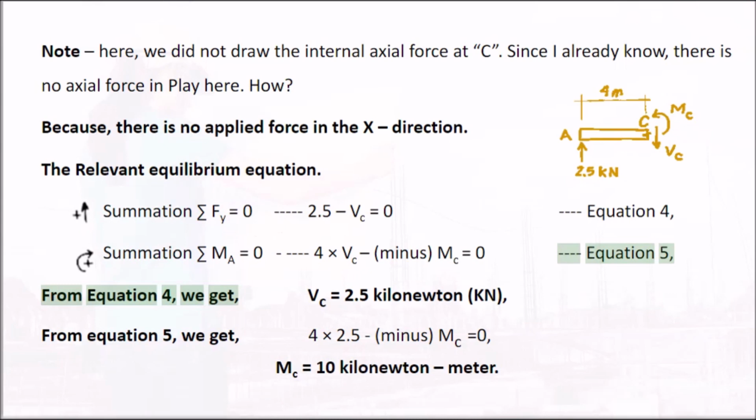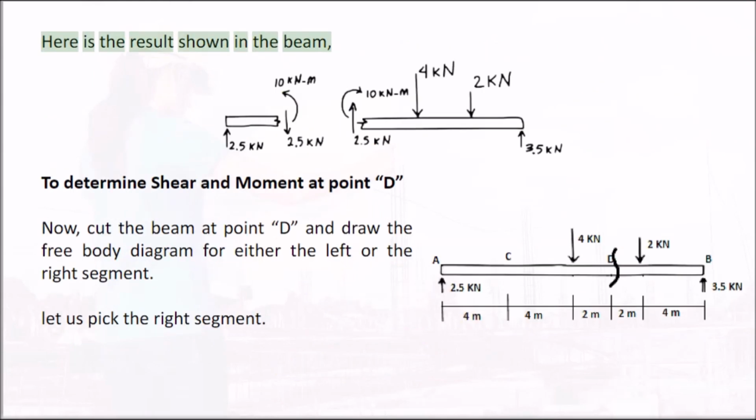Equation 5. From equation 4, we get Vc equals 2.5 kN. From equation 5, we get 4 times 2.5 minus Mc equals 0, Mc equals 10 kN·m. Here is the result shown on the beam.